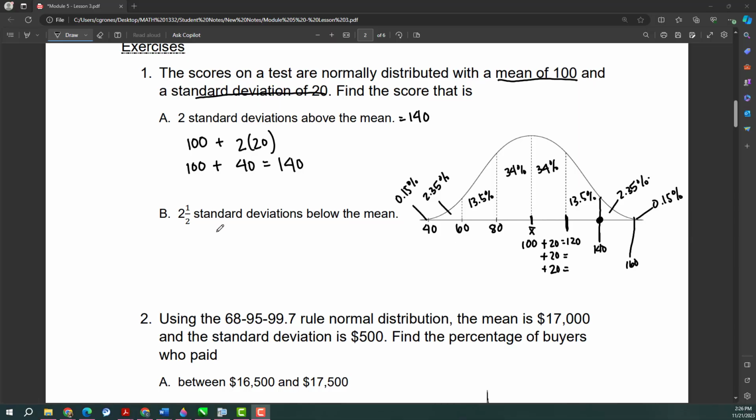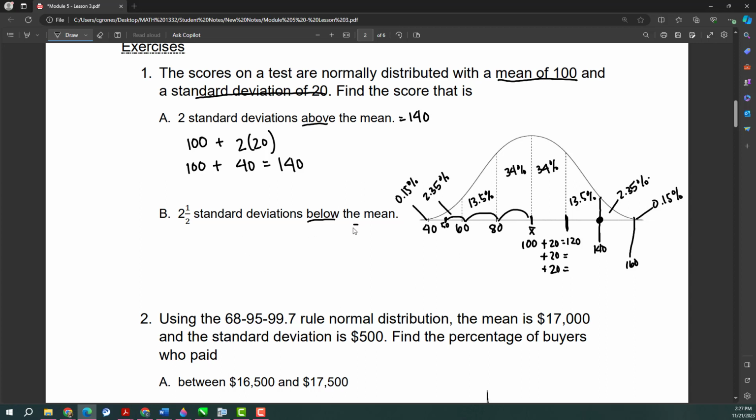All right, on B, it's asking for 2.5 standard deviations below the mean. So we have above and below. Above is going to be to the right, and below is to the left. So 1, 2.5 would be right in between 60 and 40, which would be 50.